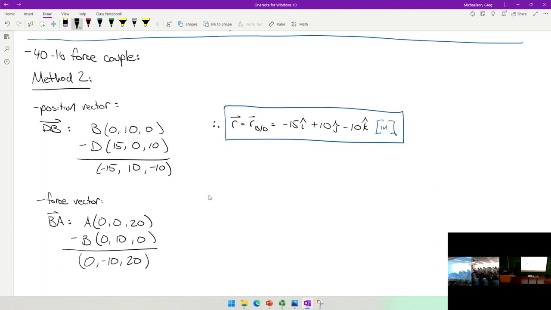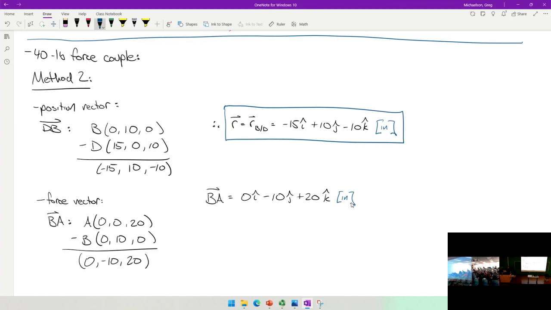So that tells us what BA is. And again, that's in inches.